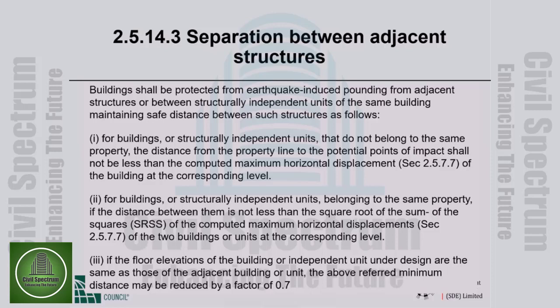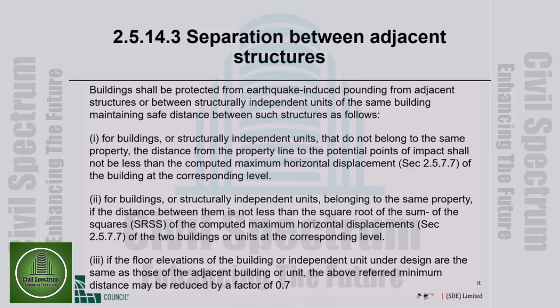In the second case, when the two structures belong to the same property, we allow a shorter separation distance. The idea being that when both belong presumably to the same owner, we would allow the two buildings to touch, but we do not want unacceptable damage.